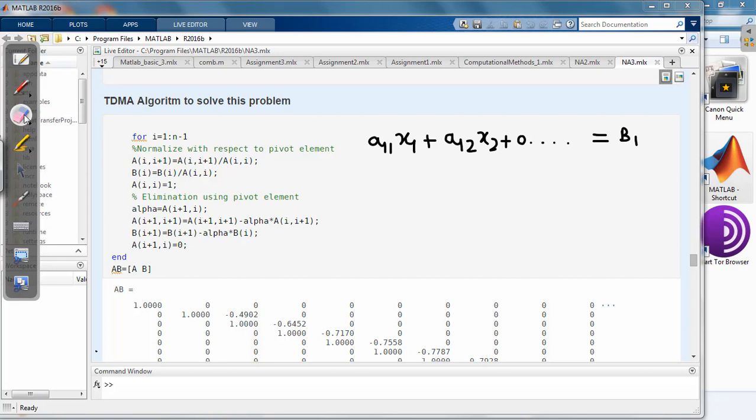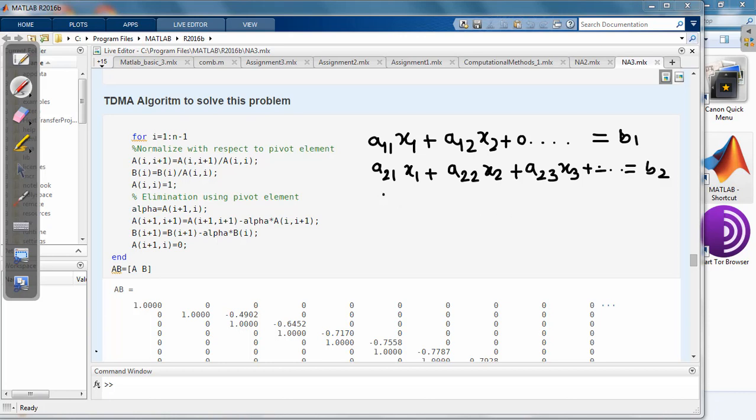Or if we write simply, small b1 is equal to b1. The second equation is like a21 x1 plus a22 x2 plus a23 x3, and all the remaining terms are 0, and is equal to b2.